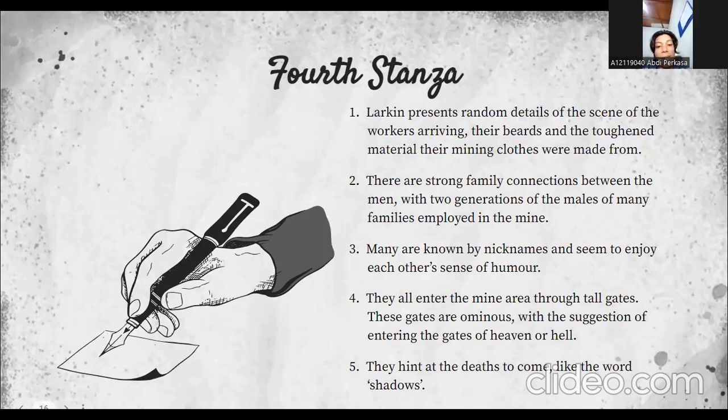Many are known by nicknames and seem to enjoy each other's sense of humor. They all enter the mine area through cross gates. These gates are ominous, with the suggestion of entering the gates of heaven or hell. They hint at the days to come, like the word shadow. The next slide, please.